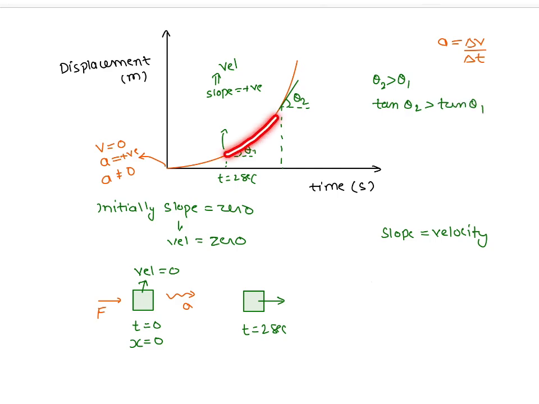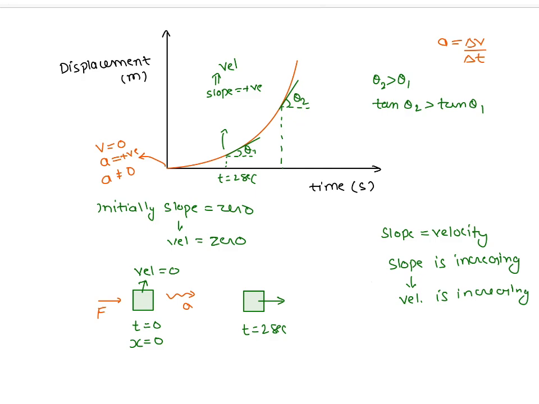So I can say the slope is increasing. So again, my other observation is that the slope is increasing. And what does it mean? Slope is increasing implies its velocity is increasing.